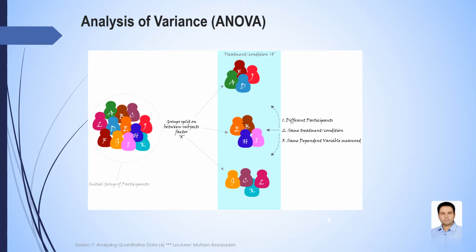We assign them to the three groups: beginner, intermediate, and advanced. Then we run, for example, a vocabulary test. This is the same dependent variable measurement. And we run an ANOVA.